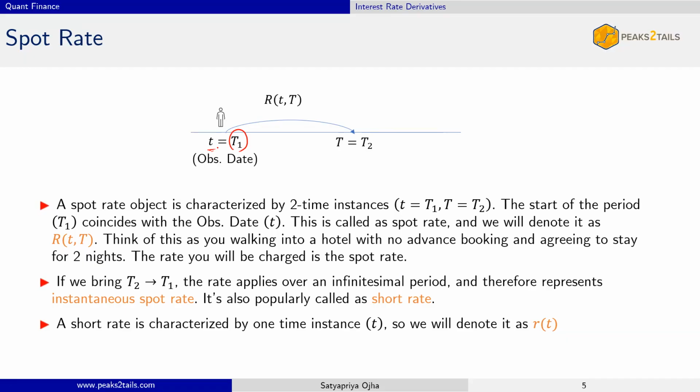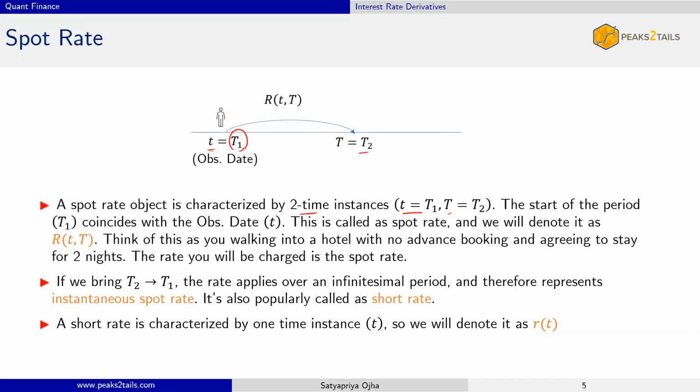So it's called the spot rate and it is characterized by two time instances. You don't need three because there is nothing forward happening. So t is equal to capital T1 and we don't need T2. We can just call it capital T. Why call it T1, T2? We only need two time instances. This is called a spot rate, where the start of the rate period coincides with the observation date.